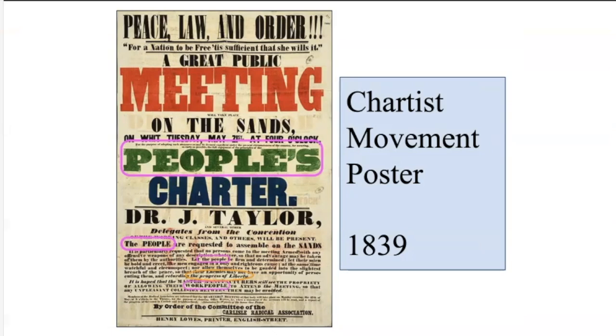I know that it is probably difficult to see, but the poster uses the language of the people to deliberately include working class men as full people who should have a say in government. This was 1839, still within the period of this class, but barely.